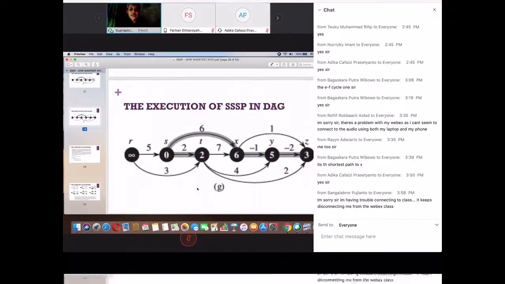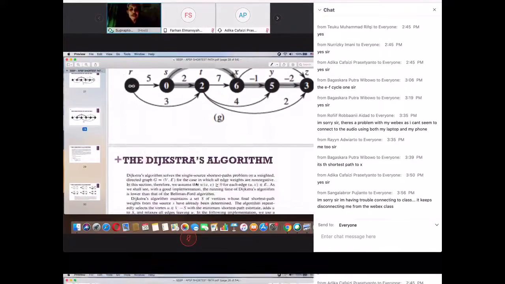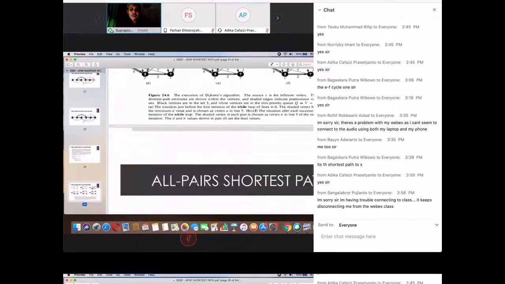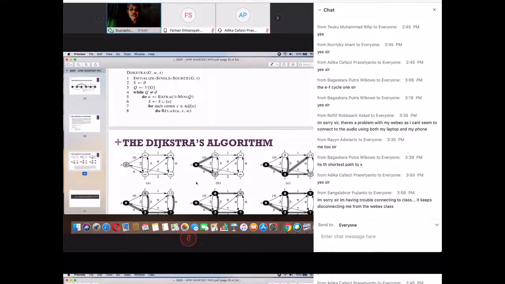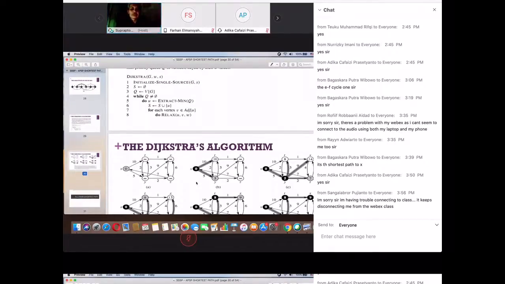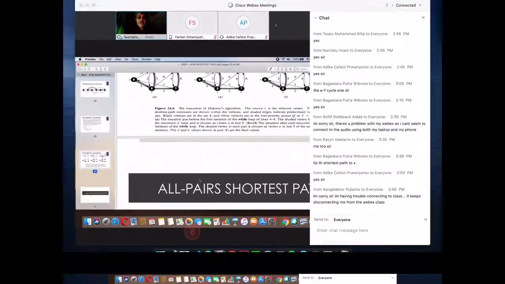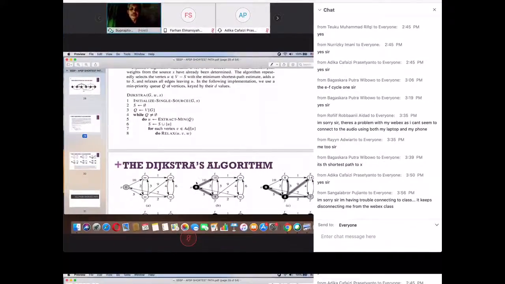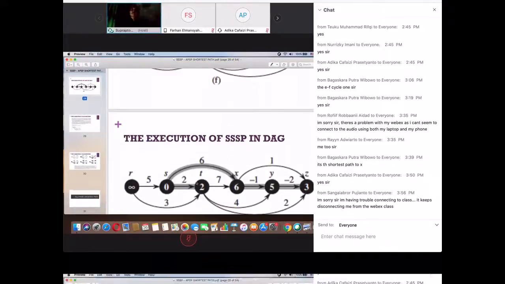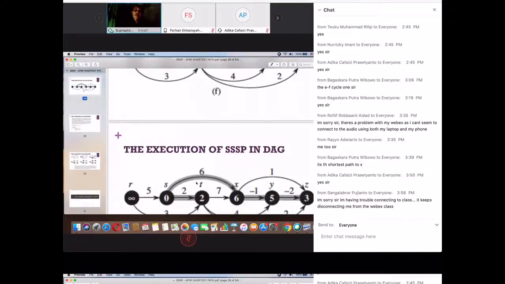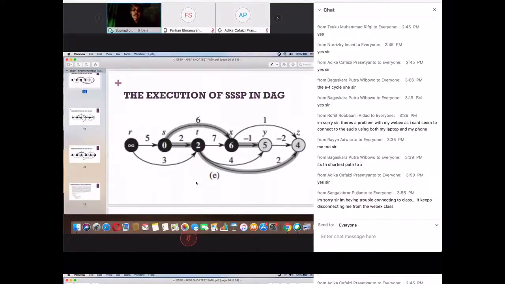The all pairs shortest path is not covered today, so I won't have the all pairs shortest path problem in my midterm, I think. So all you have to do is study from the B-tree, right?